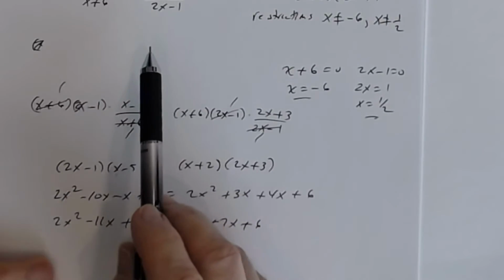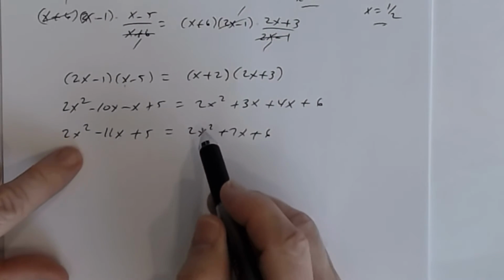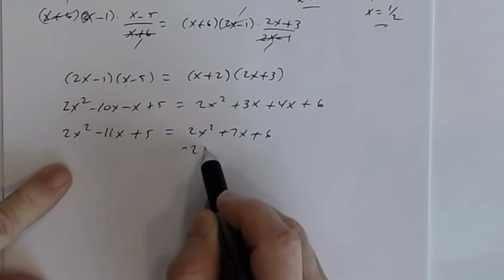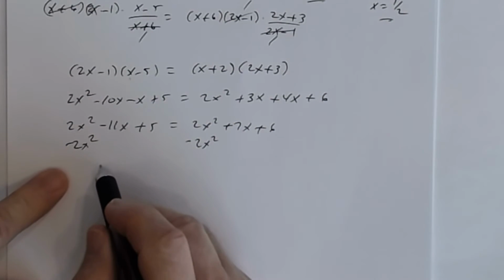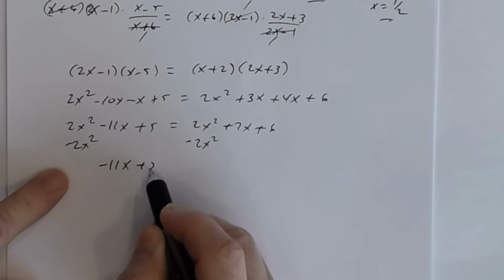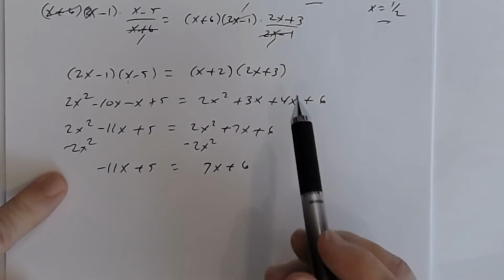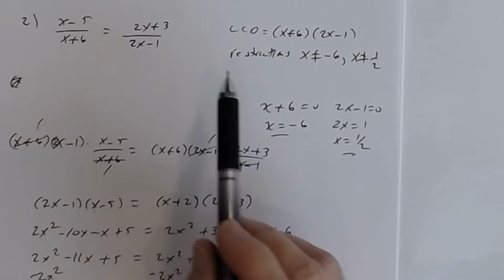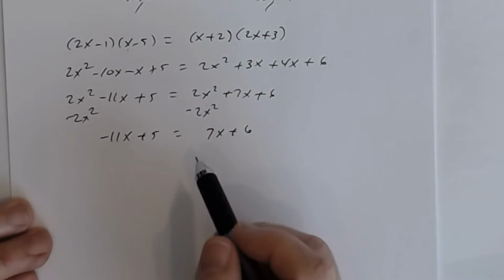Notice I went from a rational equation, and you may think that this is quadratic, but it's not really, because when you subtract 2x squared from both sides, you really end up with a linear equation. Then we're just going to bring all the variables to one side.